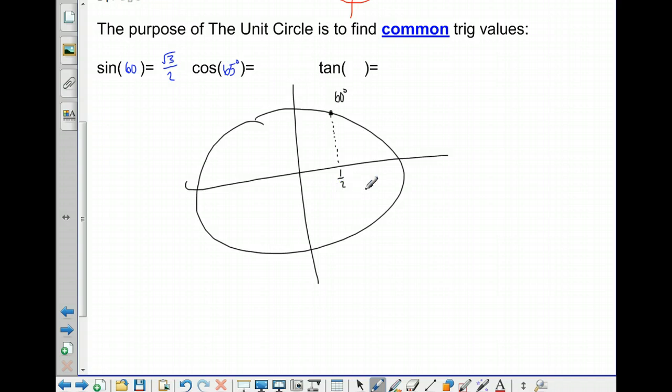And then the y value is square root of 3 over 2. If I'm asking for a cosine, that means I need to be looking down here. 65 degrees would be just a smidgen past 60.